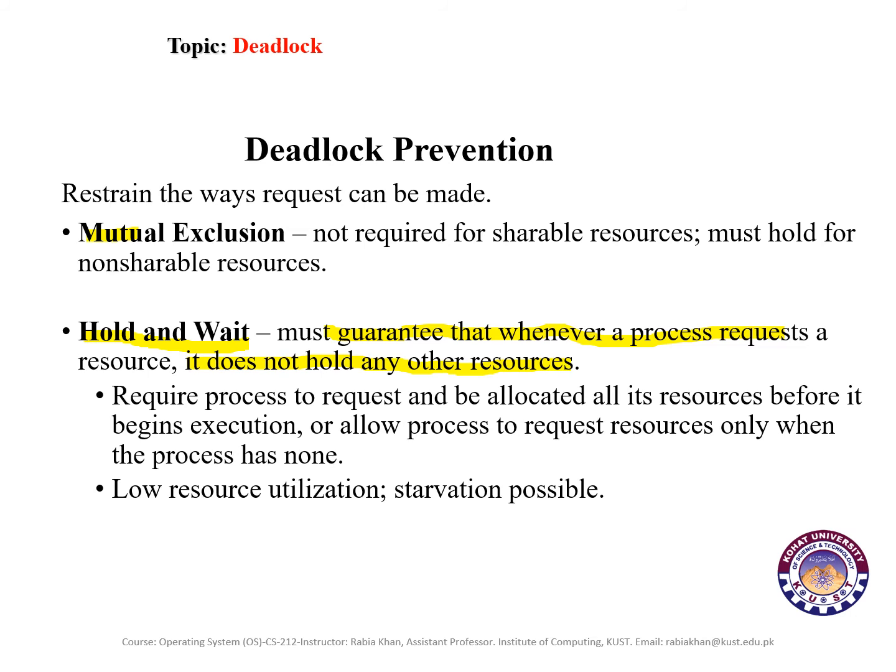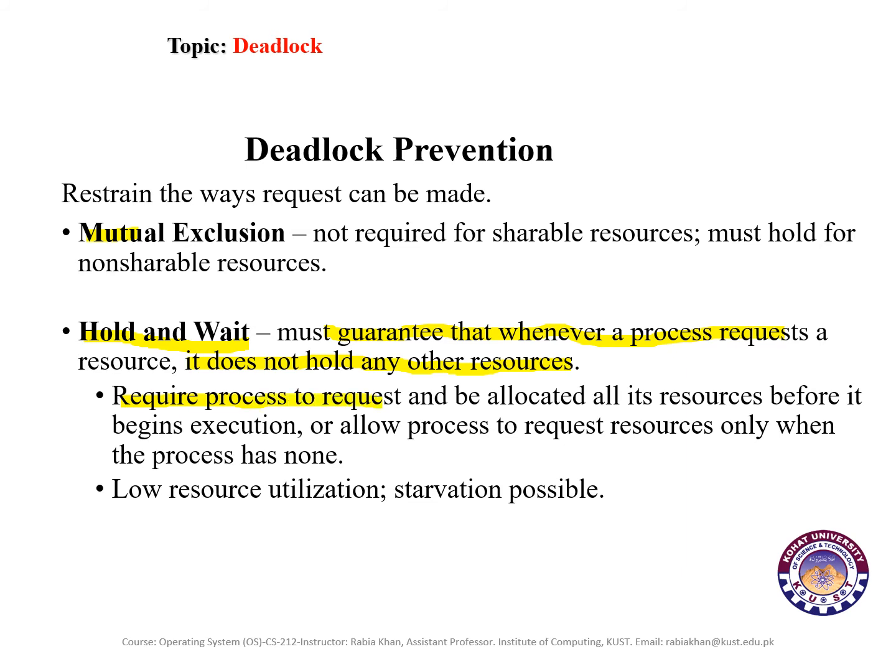While the second option is that the operating system can allow a process to request a resource only when it is not holding any other resource. So in this way, the hold and wait condition can be prevented. Two options are written here to prevent hold and wait.